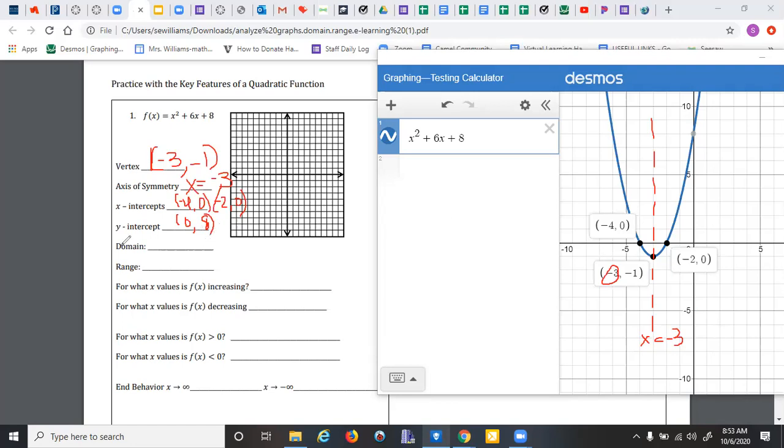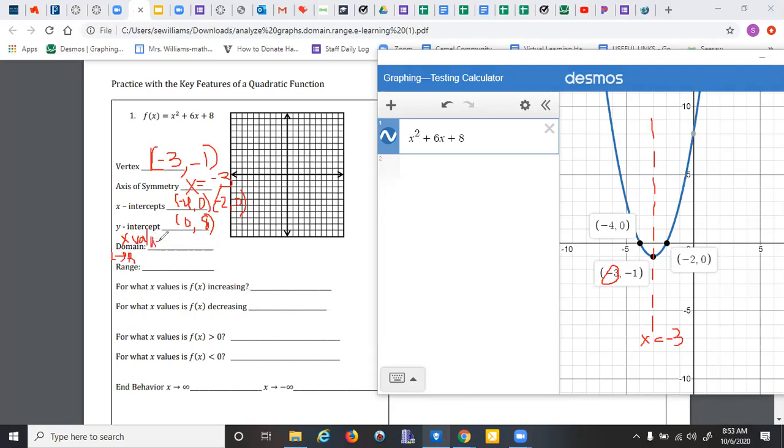And your domain. Does anybody remember what domain refers to? Is that like all of the x values? Very good. It's all of the x values. And so for domain, you look at a graph from left to right because you're thinking about the x-axis.